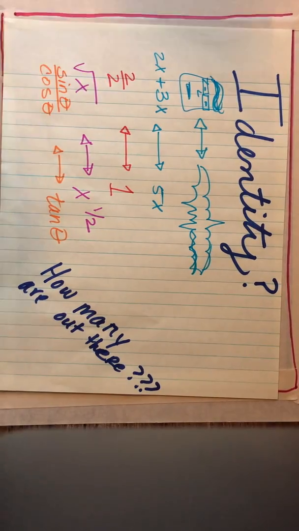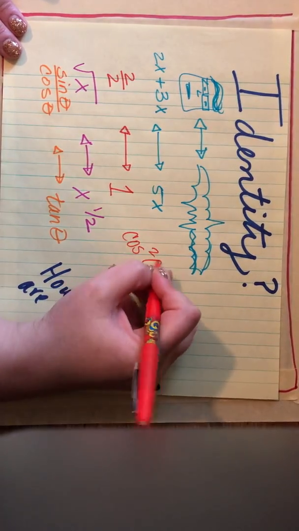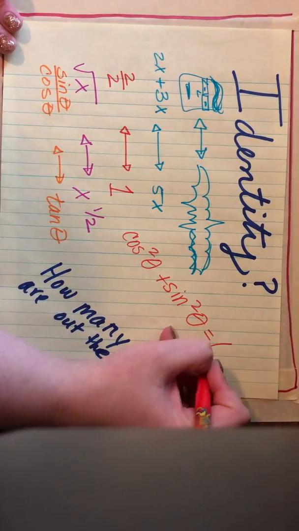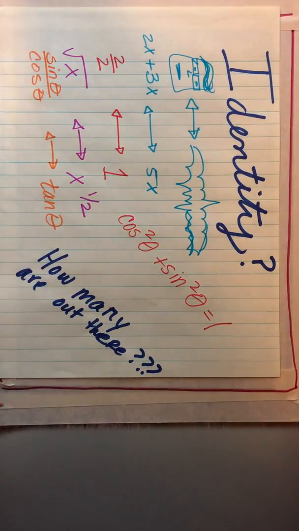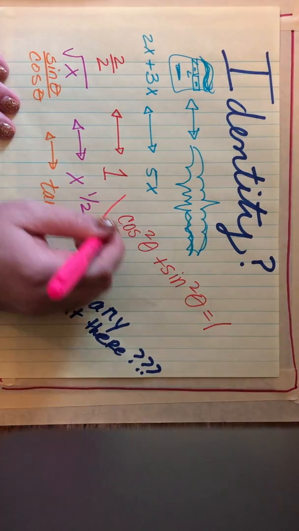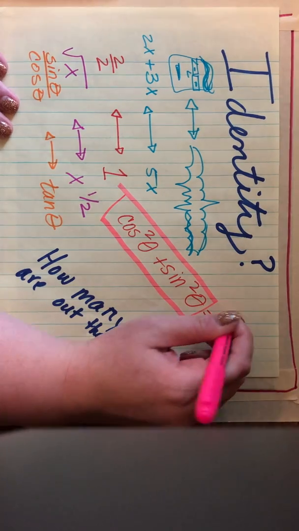Or in the last chapter, we dealt with this equation, cosine squared theta plus sine squared theta equals 1. I think we use that every once in a while. This is an identity because the left side is equal to the right side.